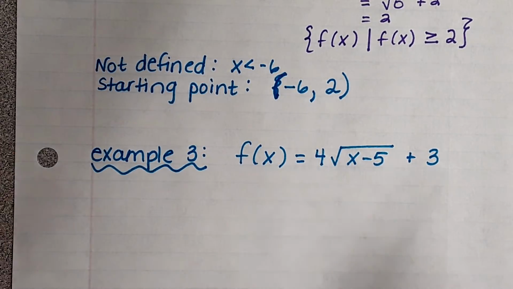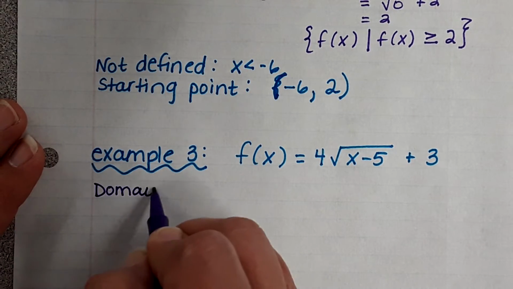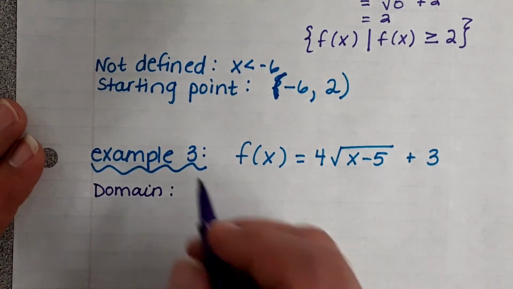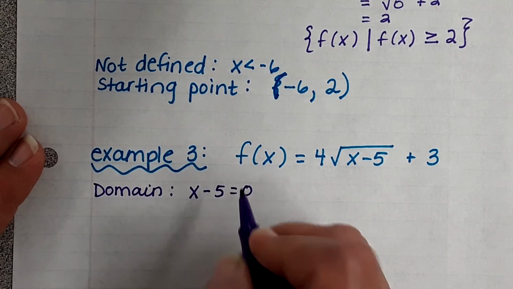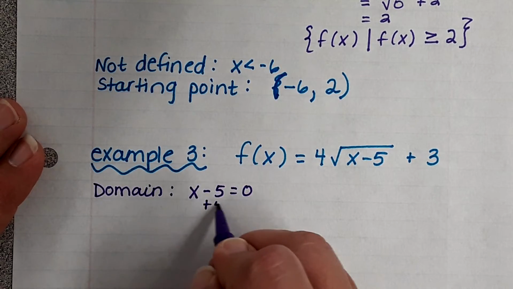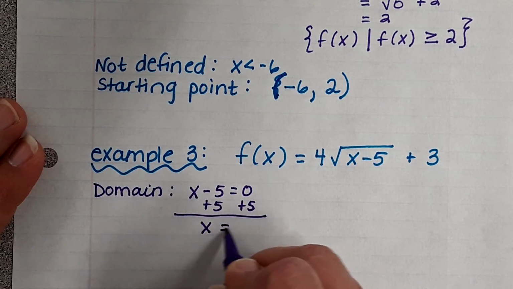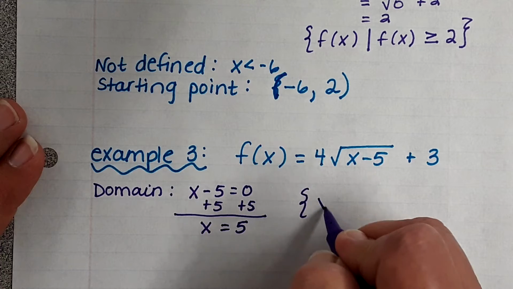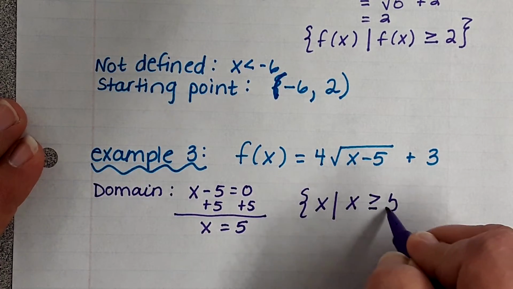Even though there's all those numbers, to find the domain, it always is based with what's underneath the square root. So it's x minus 5 equals 0. We're going to add 5 to both sides. X equals 5. So my domain is x such that x is greater than or equal to 5.